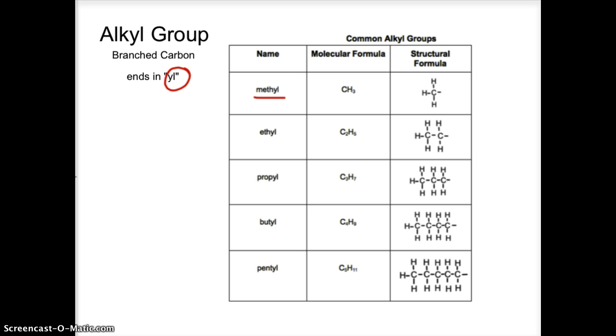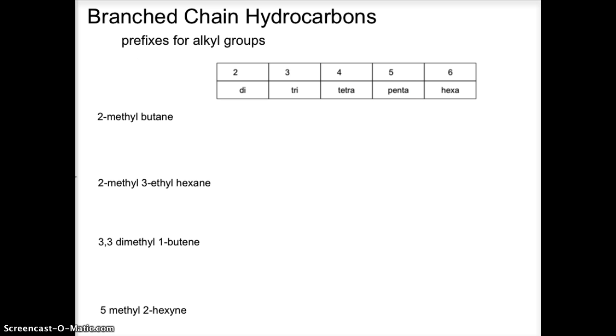So it's called methyl. You'll see here that I have the structural formula with the hydrogens attached, but we can also look at the skeletal formula, which would just have one carbon branching off of a main chain. So let's take a look at some examples of what that would look like.